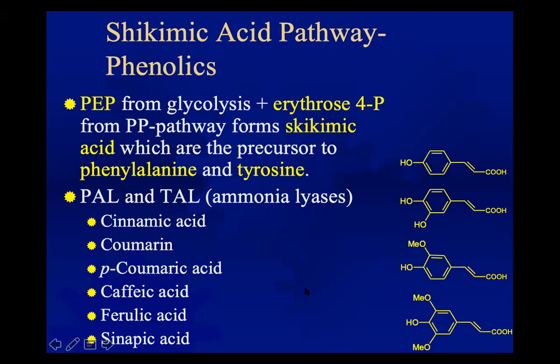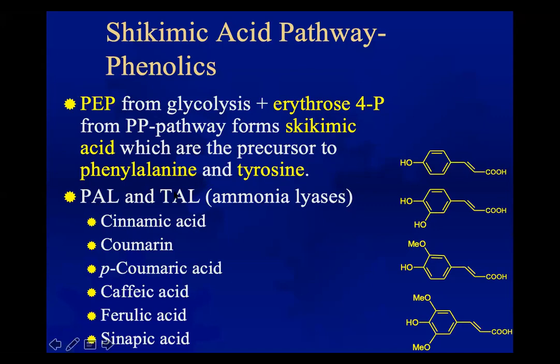These two, phosphoenol pyruvate and erythrose 4-phosphate, react together and develop shikimic acid, which is the precursor to phenylalanine and tyrosine. Phenylalanine and tyrosine, these two are amino acids.